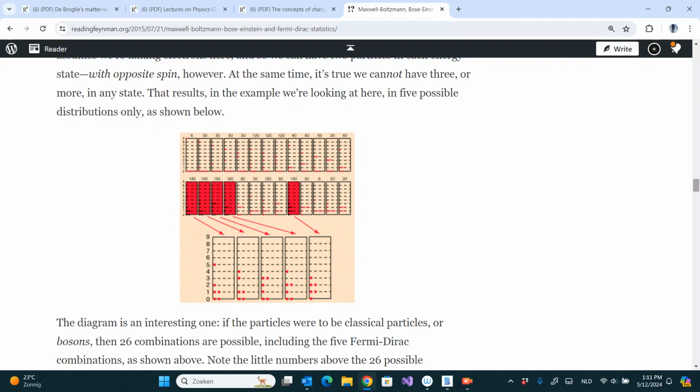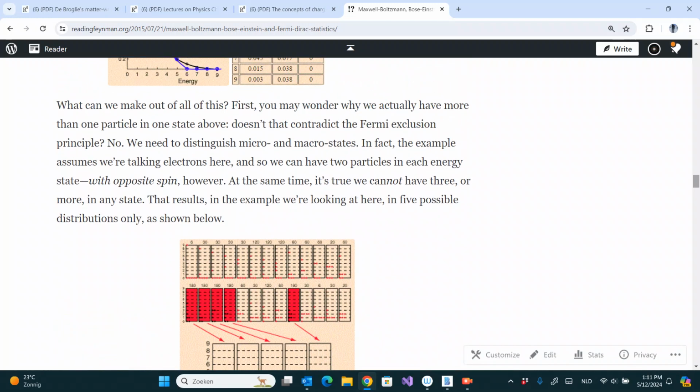So you can sort of distribute that, but it's pure, I would say, combinatorial math. You can distribute these like you want over the 9 energy states, but there's a restriction that you cannot put more than 2 of these particles in one energy state. And so that's where these Fermi-Dirac mathematics or statistics come out of.